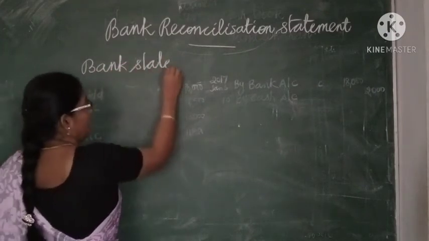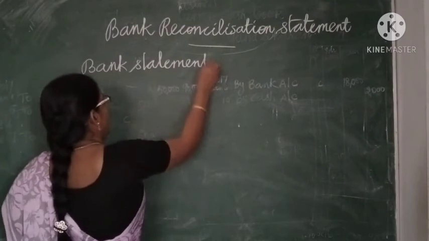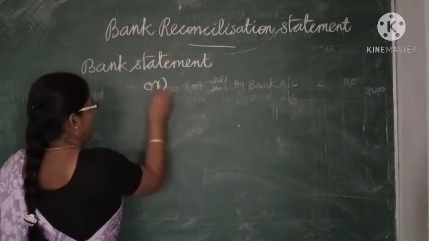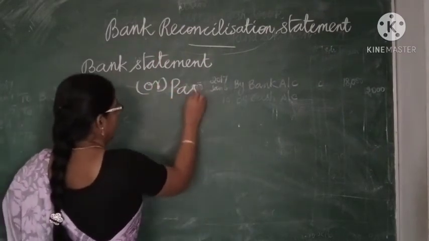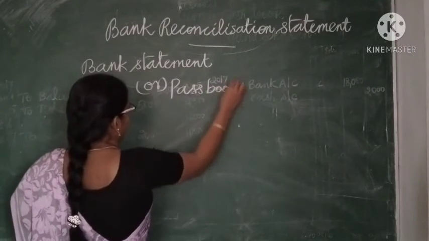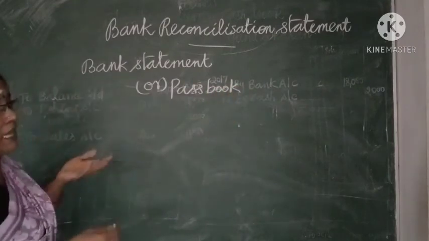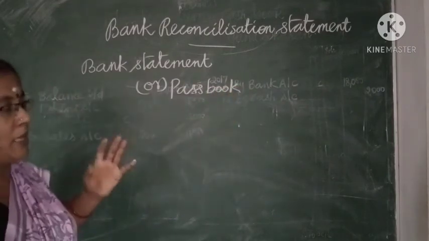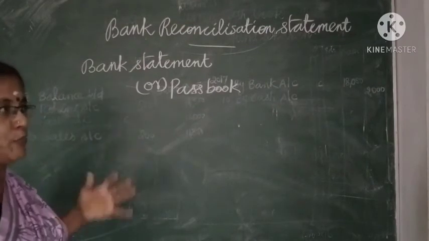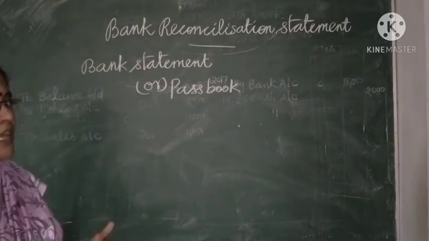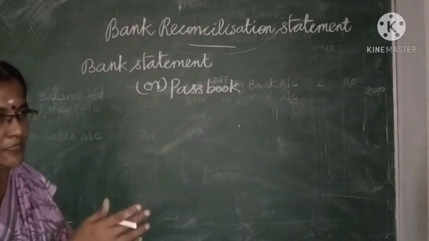The bank statement, the other name we call it, is passbook. What is the other name of a bank statement? We call it a passbook. So what is meant by a reconciliation statement? We are reconciling the cash book which is available with us. That should tally with the bank statement.